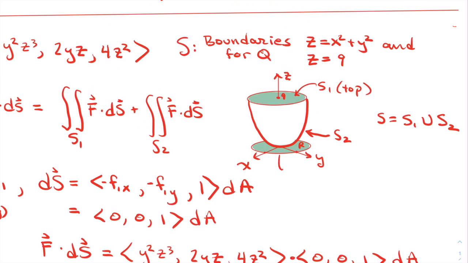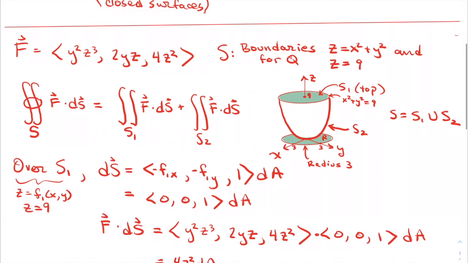Setting the two equal to each other. I guess up here really is where x squared plus y squared equals 9. So that's a circle of radius 3. Okay. That's beautiful. Okay.